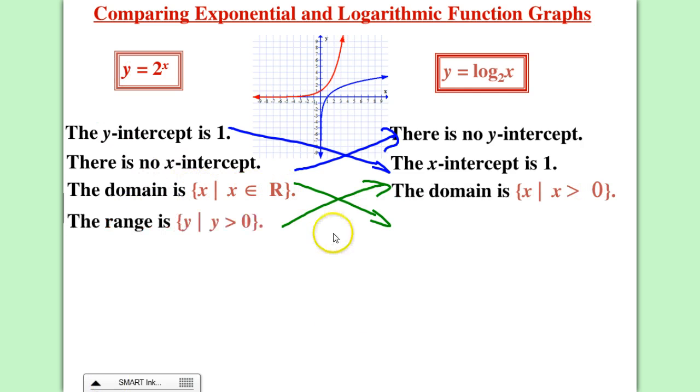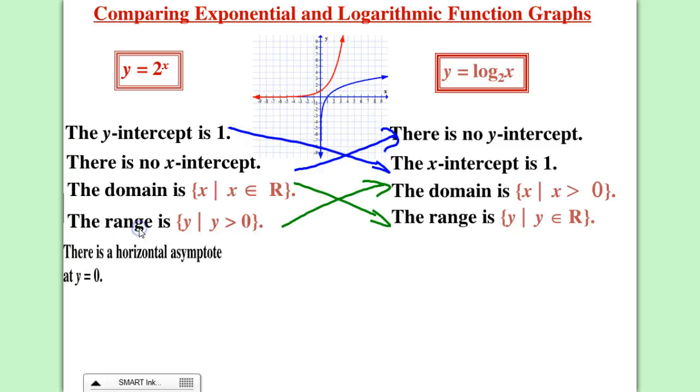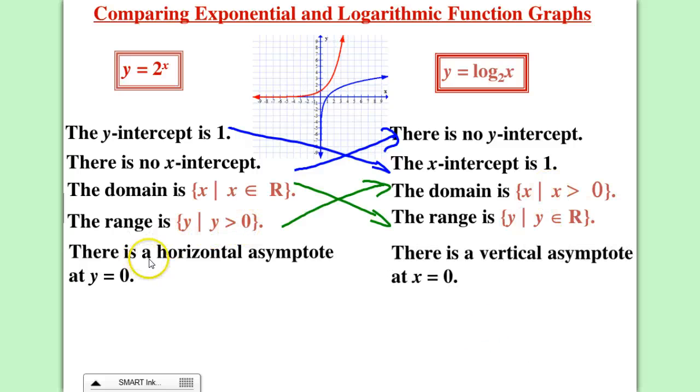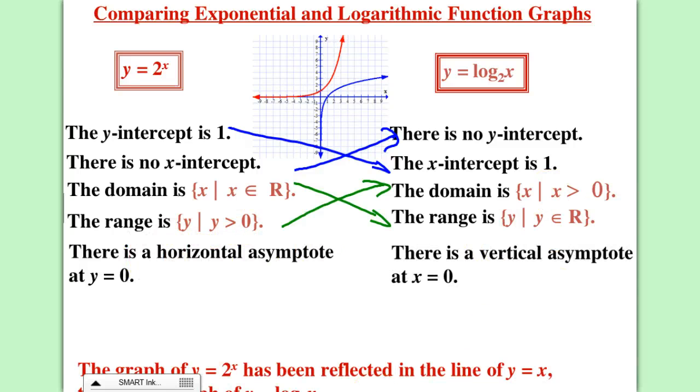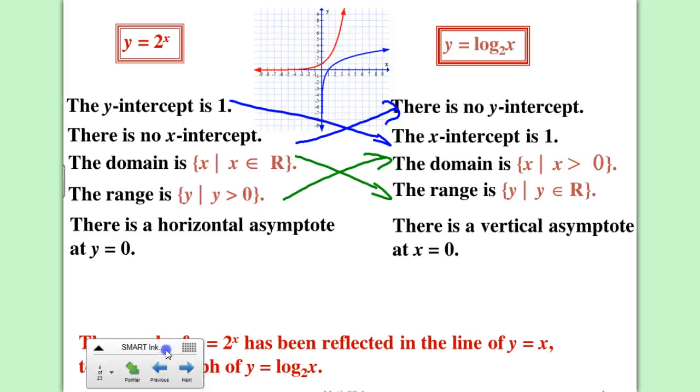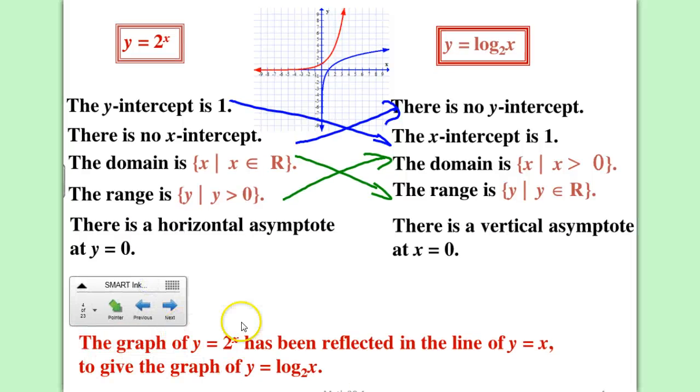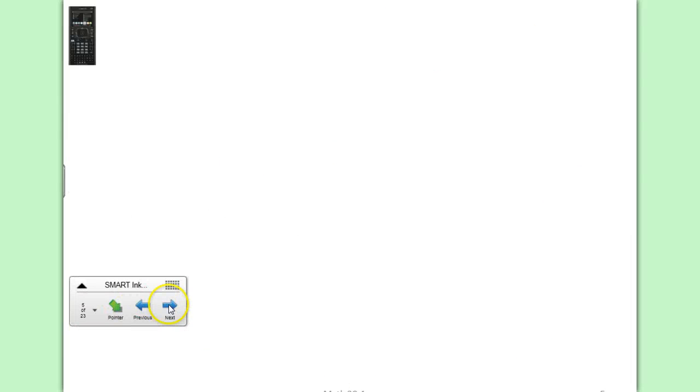Well, it turns out that that's the range of the other one. And if the range of the exponential is y is greater than 0, the domain is x is greater than 0. There is a horizontal asymptote, there is a vertical asymptote. They are complete inverses of each other, right? The graph of 2 to the x has been reflected in the line y equals x, as you can see up there. Pretty cool, okay?